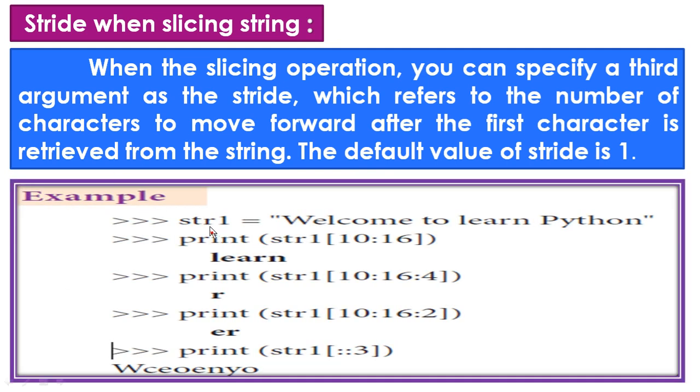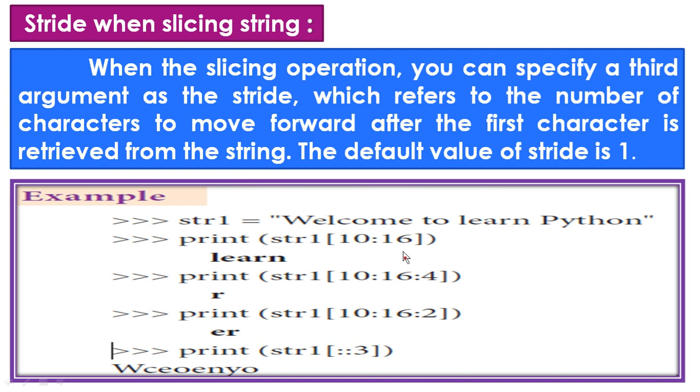Here is an example. Here the str1 string value is welcome to learn Python. W is str1 of 0, the next is str1 of 1, E is str1 of 2, and so on. Here print of str1 of 10 colon 16 means starting value 10 and end value 16. 0, 1, 2, 3, 4, 5, 6, 7, 8, 9, 10, so the space is here. 10, 11, 12, 13, 14, 15.